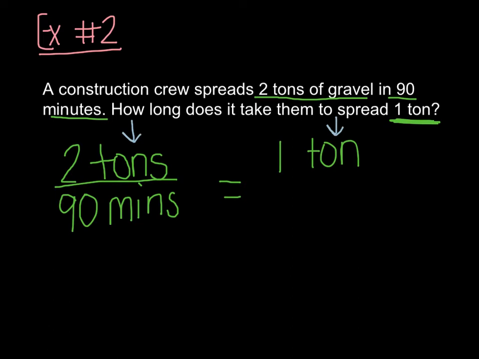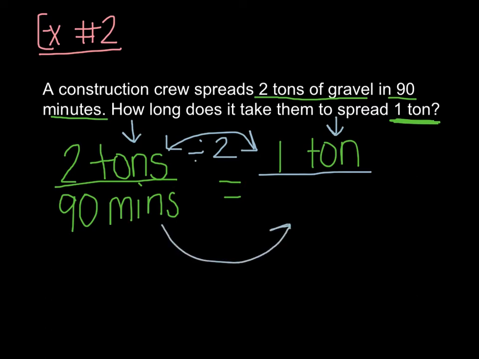You don't want to have something that says inches and then on the other side you have something that says feet, because those are different. You want to have the same thing. Alright, so we have 2 tons to 1 ton. So to go from 2 to 1, we divide by 2. So we do the same thing on the bottom. Divide by 2.